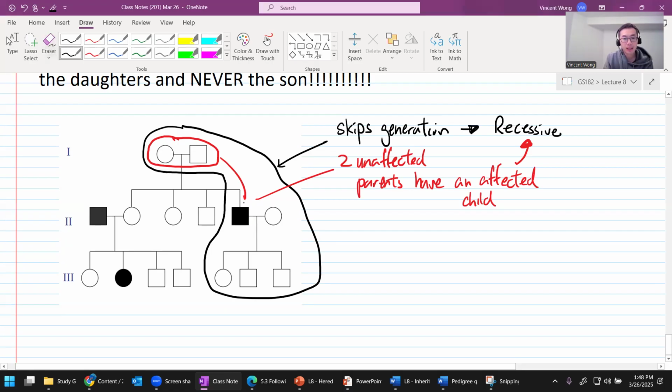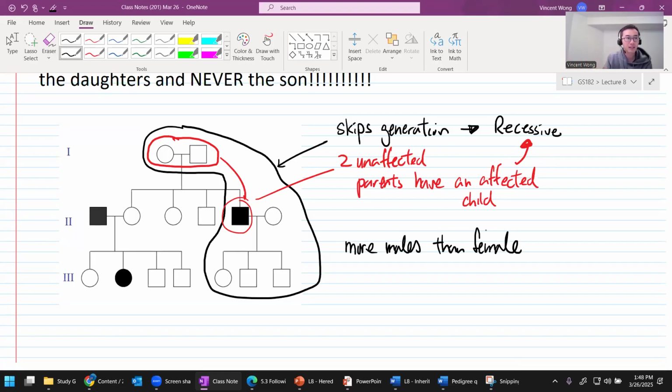Now hold on, let me circle this back here. It's getting a little bit messy. So a couple more hints here. Look, we have more males than females, as opposed to equal male and female. So that suggests it might be X-linked, but it's not definitive yet.